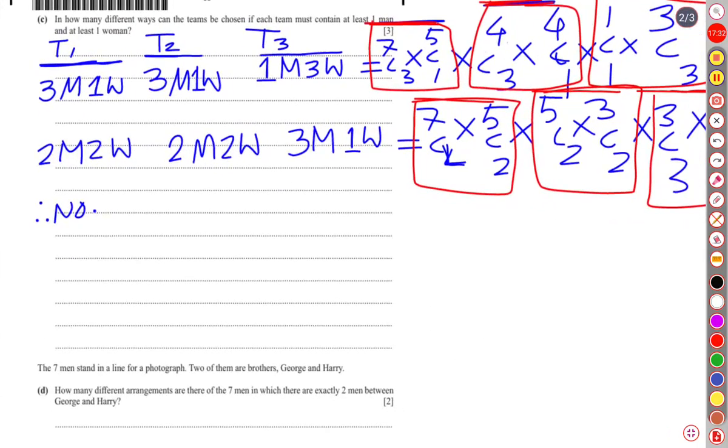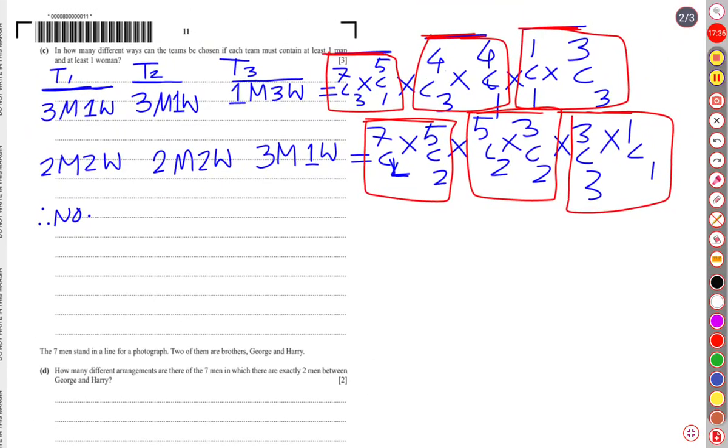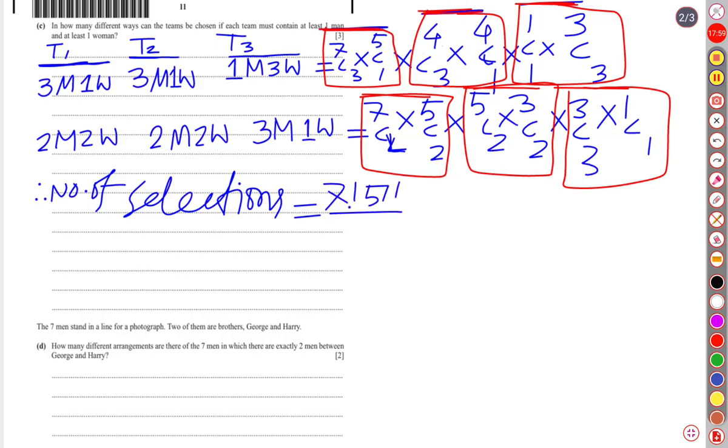Number of selections is equal to, first of all, let us write 7 factorial into 5 factorial.